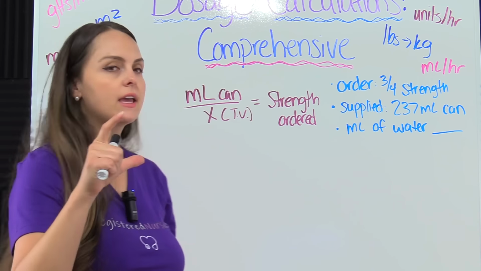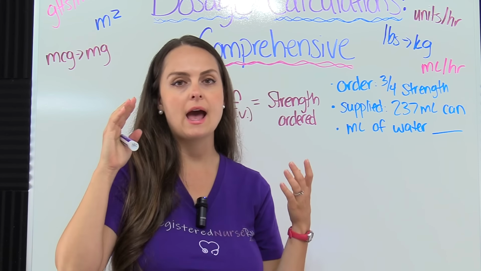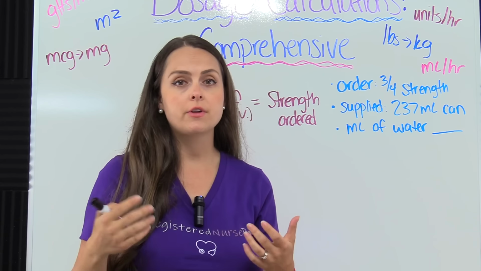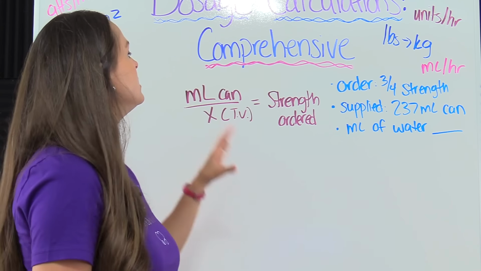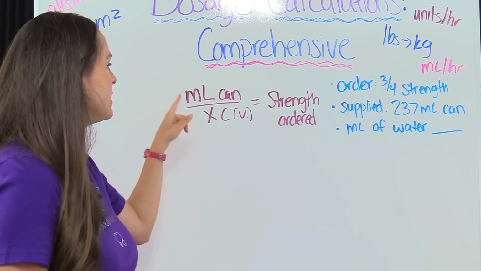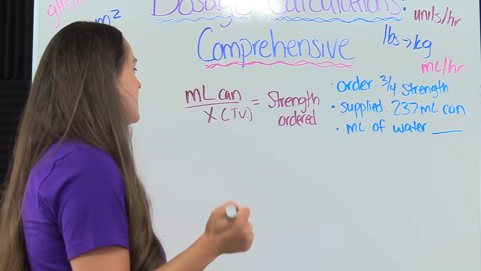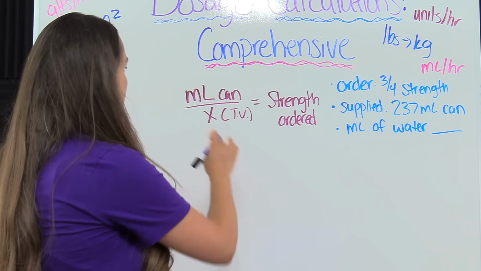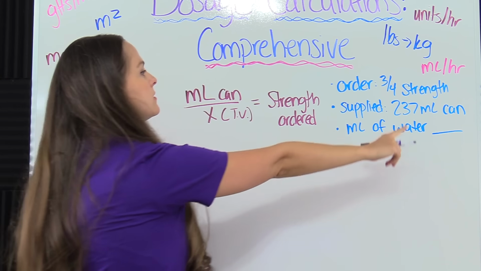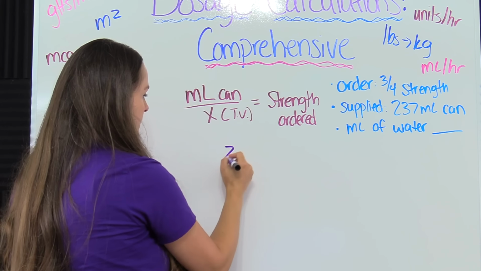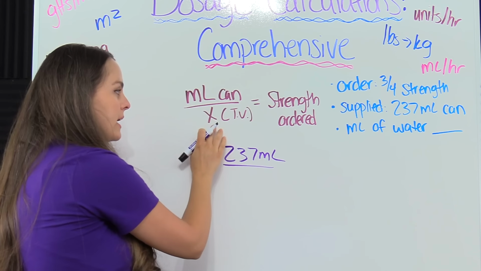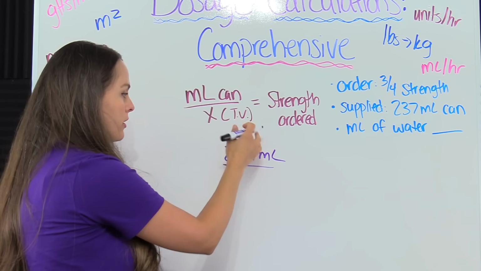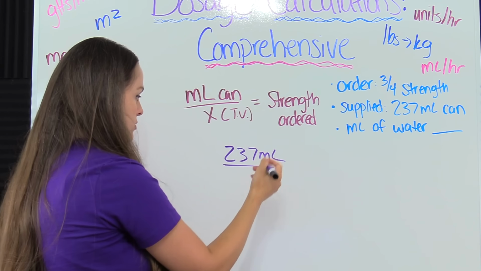So we know that we have a can, and in the can it has a volume of 237 mLs, but we have to dilute that to a 3/4 strength. So this formula is going to help us do it. So we're going to plug in our information. The milliliters in the can, 237 mLs. We are solving for X. X is the total volume that is going to be administered.